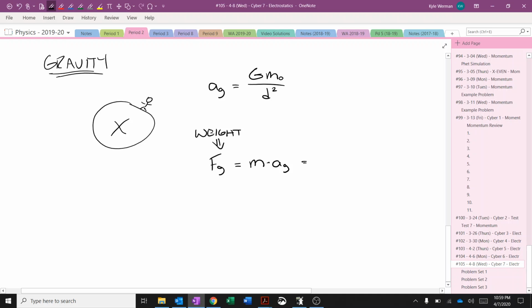So that would be the same as saying mass times big G, mass of the planet over the distance to the center squared. And this allowed us to derive an equation for the force of gravity between any two objects. Big G, the mass of one object, which is usually the planet, the mass of the second object, the person standing on that planet or some distance away, over that distance squared.